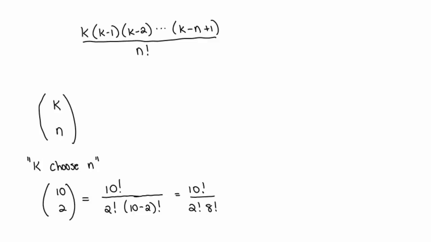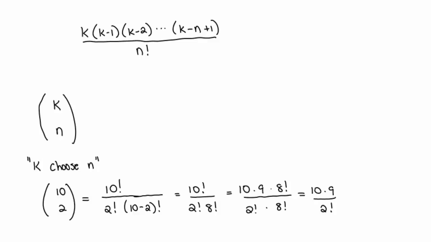Now I chose a very large expansion, so this is kind of shame on me here, but I'll go ahead and do it. This is the same thing as 10 times 9 times 8 factorial over 2 factorial times 8 factorial. And you can see those 8 factorials can be divided out from numerator and denominator, and you get 10 times 9 over 2 factorial.